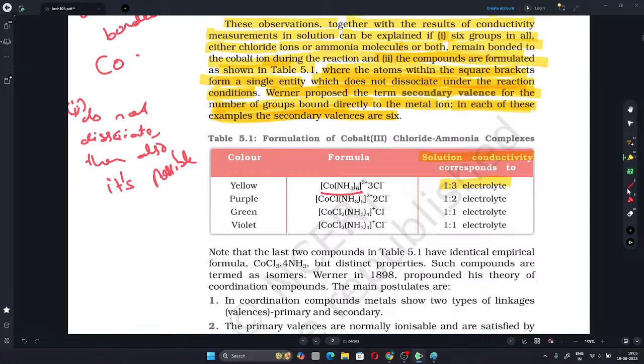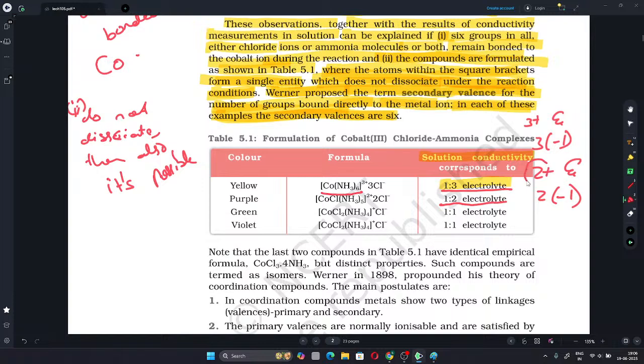It will be of charge 3 plus and 3 times 1 minus. Here in the first scenario, all 3 chloride ions were substituted, and in the second case it will be 2 plus and 2 times 1 minus. It will be a 1:2 electrolyte.